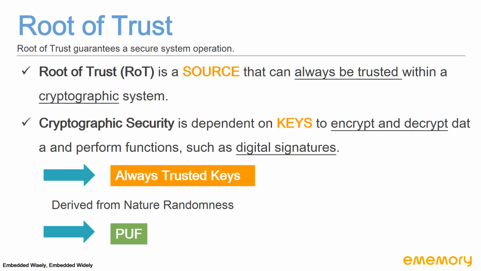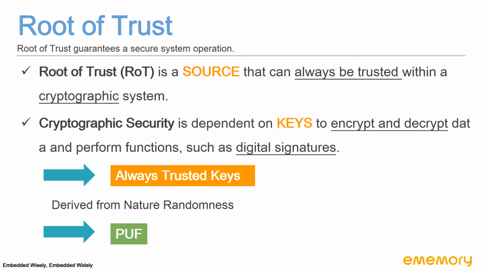Is a key generated by a software algorithm trustworthy? The answer is no, because it uses an algorithm. Can a key injected into a system by an operational engineer be trusted? The answer is no either, because it may be disclosed through human operation.